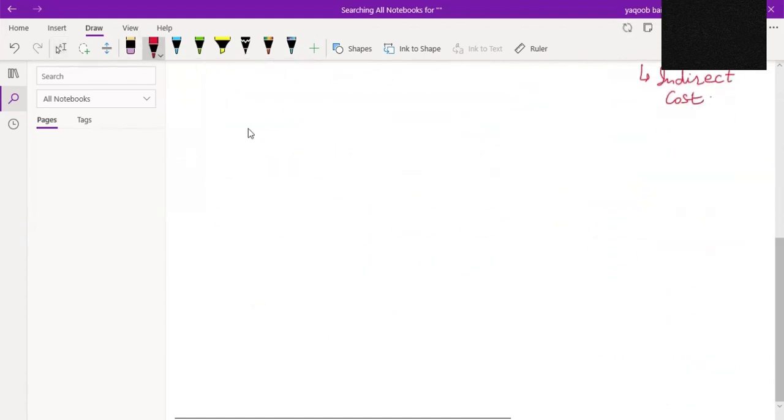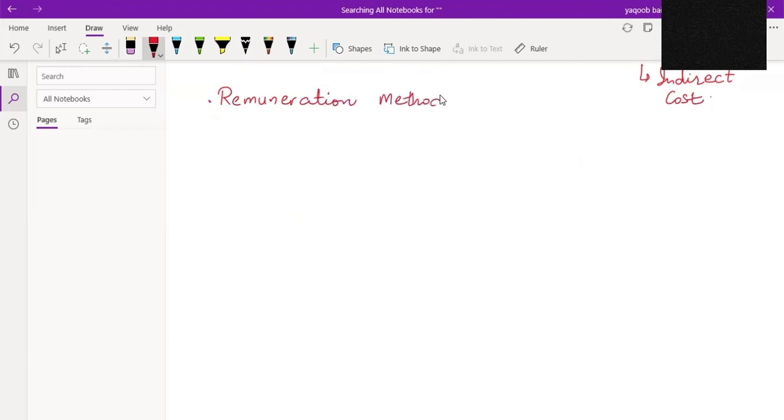Next important thing is remuneration methods. How will we pay our workforce? There are different remuneration methods which we use to pay our workforce. Number one is daily basis. We are paying wages on the daily basis.